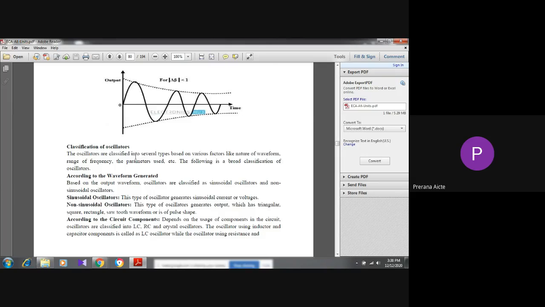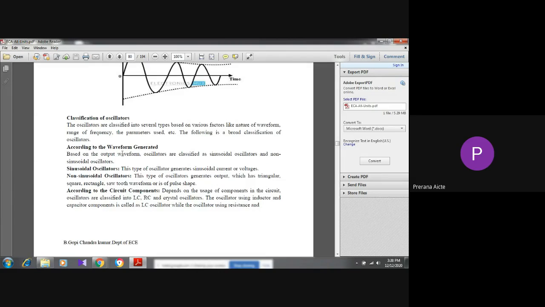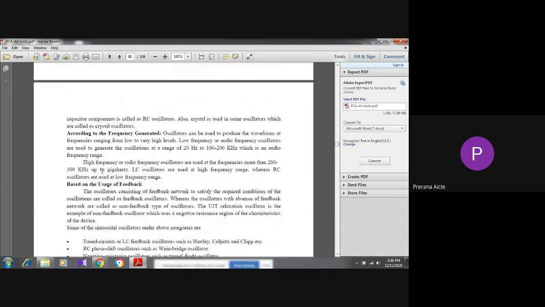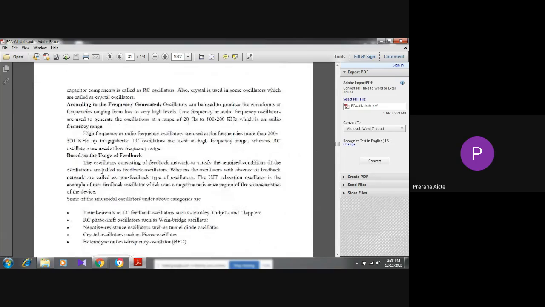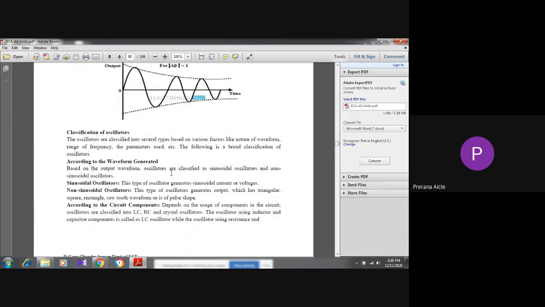Classification of oscillators. We have various categories based on circuit components, frequency, and feedback. According to waveform, we have sinusoidal or non-sinusoidal oscillators.